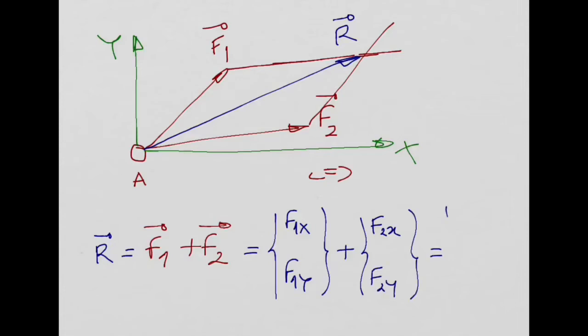So the result is going to be F1x plus F2x. And here we'll have F1y plus, sorry, F2y.